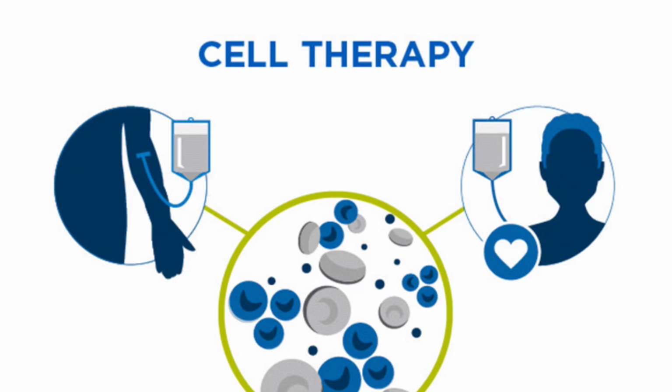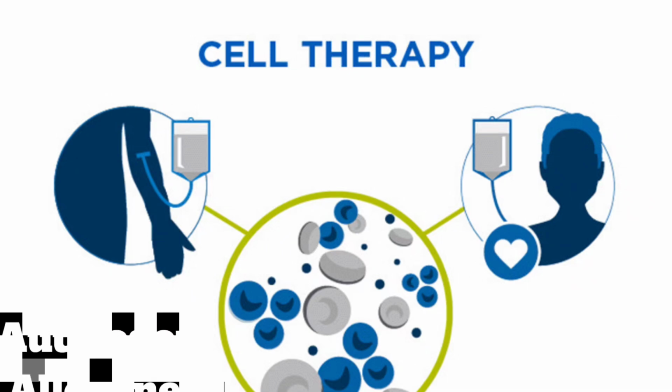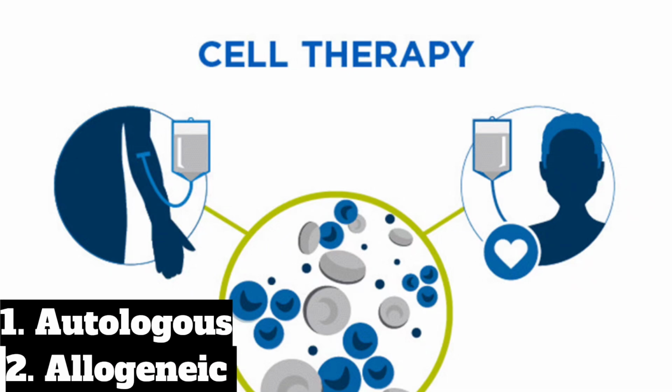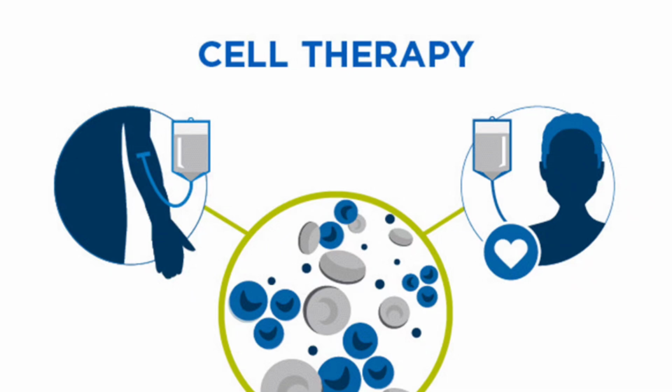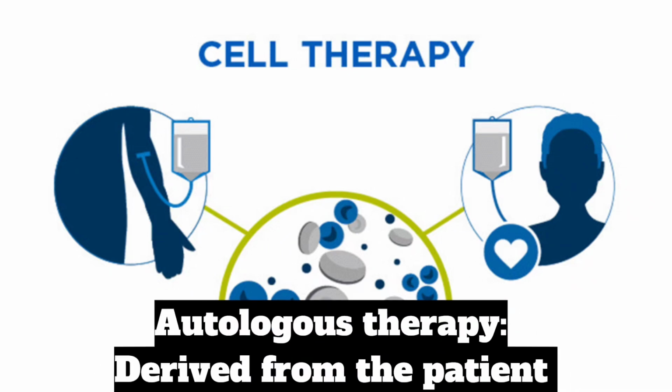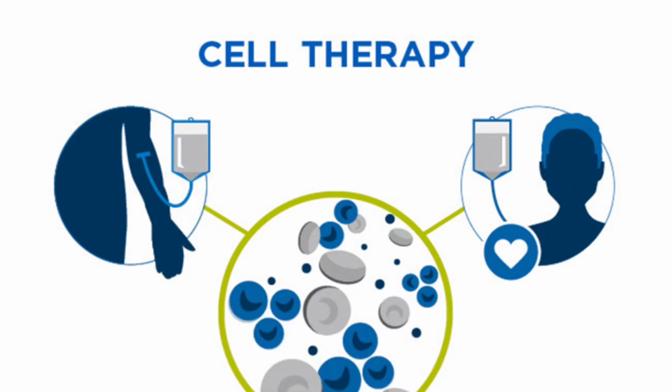Now, having known this, in cell therapy there are two main types of cellular therapy. Number one is what we call autologous therapy, and the other is allogeneic therapy. Remember that in autologous therapy you obtain the cells from the same patient, because there is something you want to get rid of, and that is why CAR T comes in.